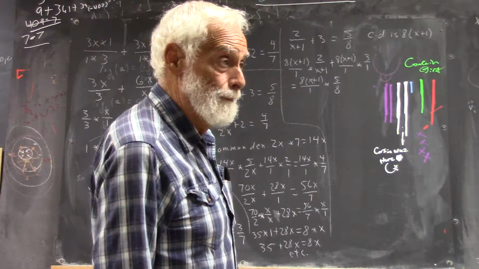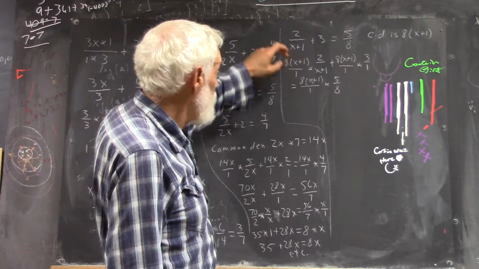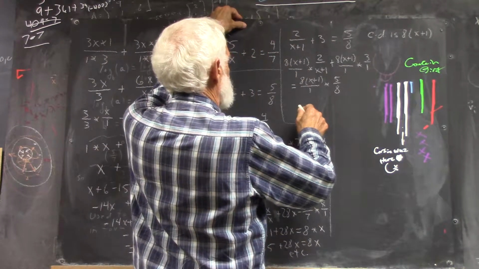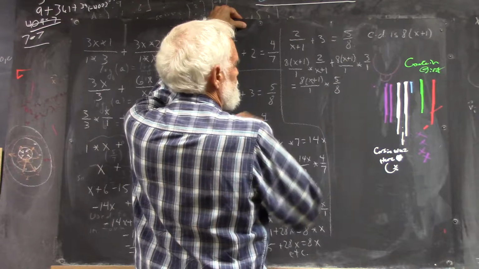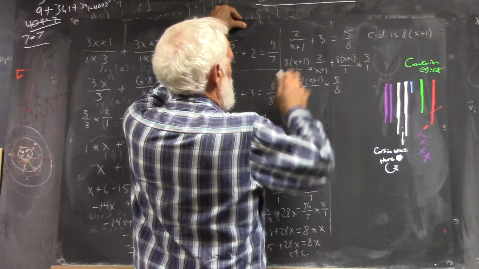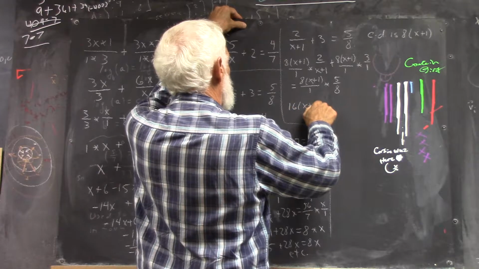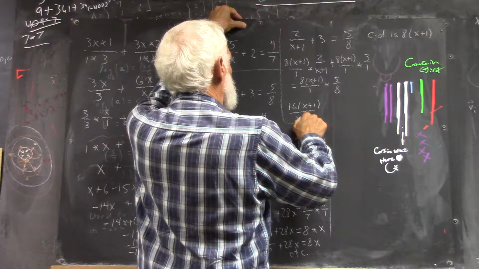Okay. Now, how am I going to rearrange this? Well, I guess I can write it out. I mean, multiply the numerators. Should be clear. I get 16 times x plus 1 over x plus 1.